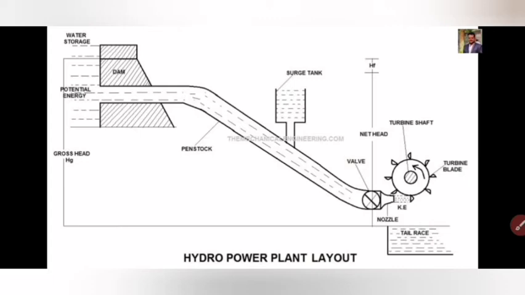The name itself says hydro and power. That means simply, the hydro energy is converted to electrical energy. By the help of hydro, meaning water, we will convert it into electrical energy.